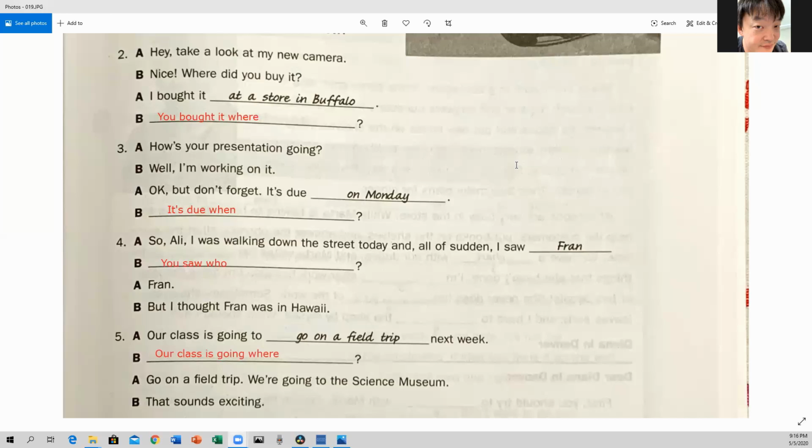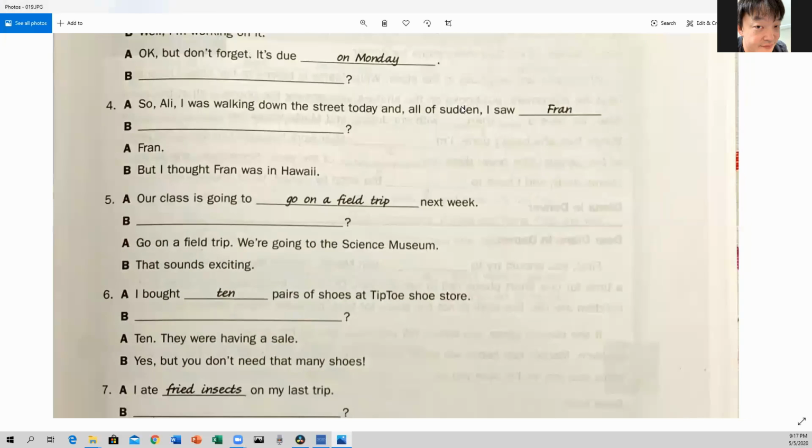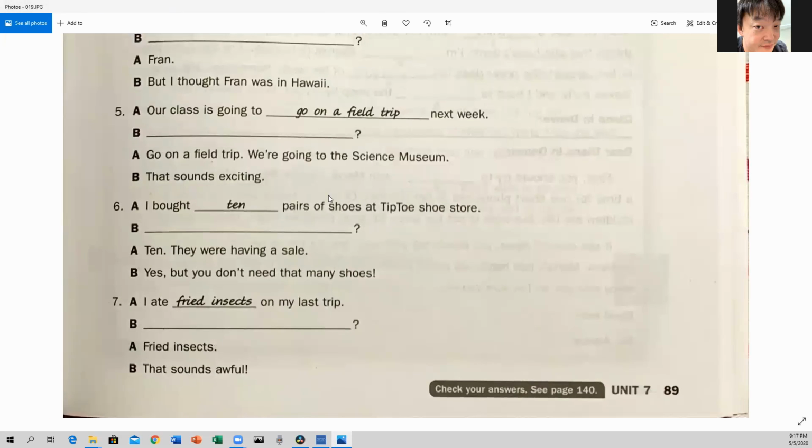So clarifying questions, as I said, is not a difficult subject, it's pretty much very straightforward. It's just a matter of practicing, okay? So let's continue our correction. Let's go to the last two conversations, conversations 6 and 7, okay? So let's take a look.